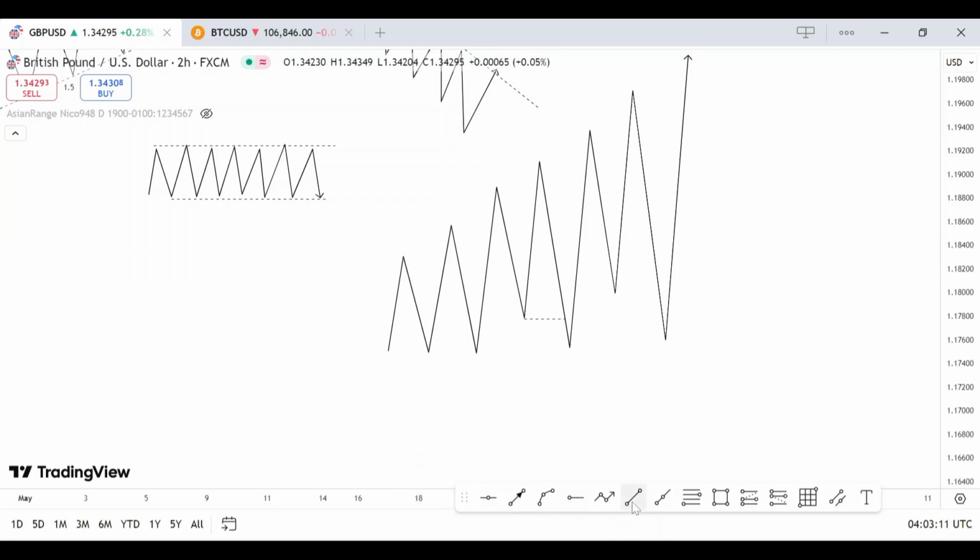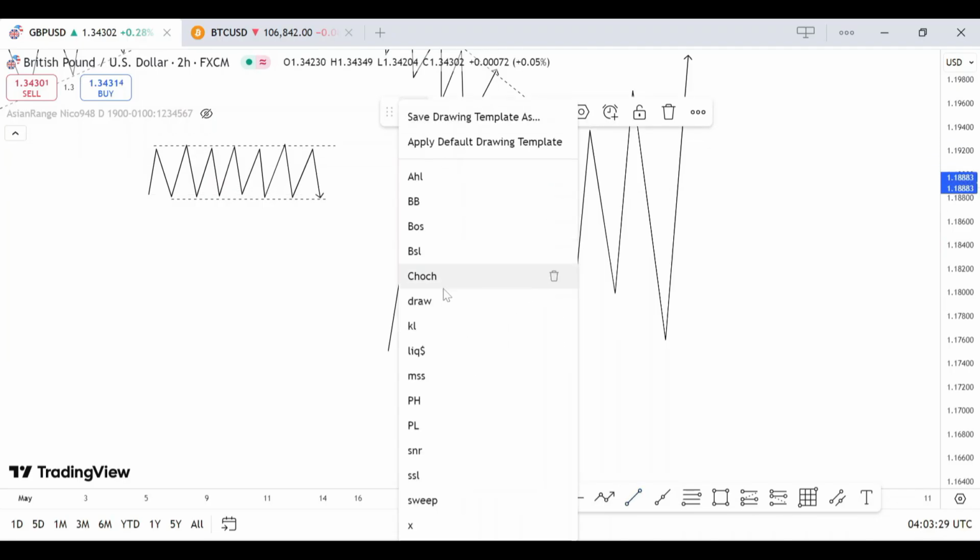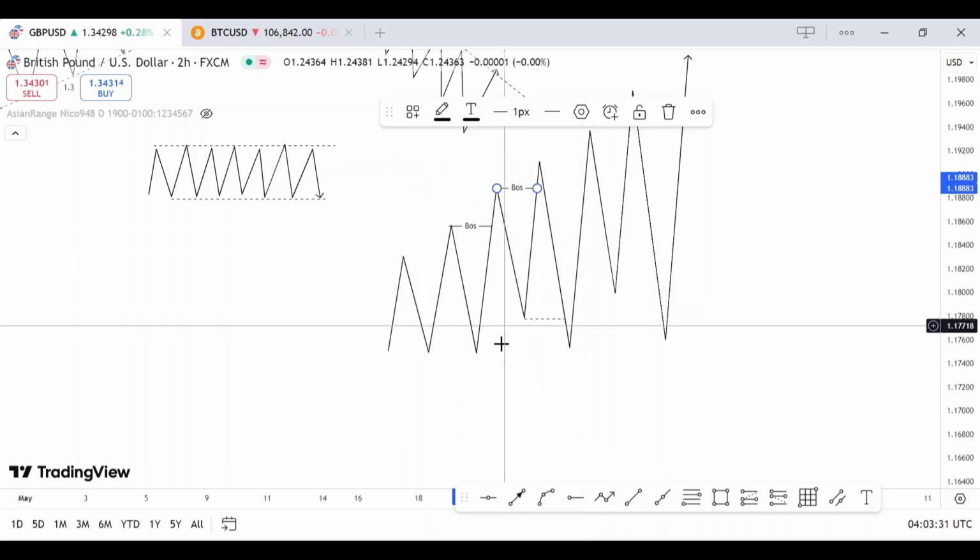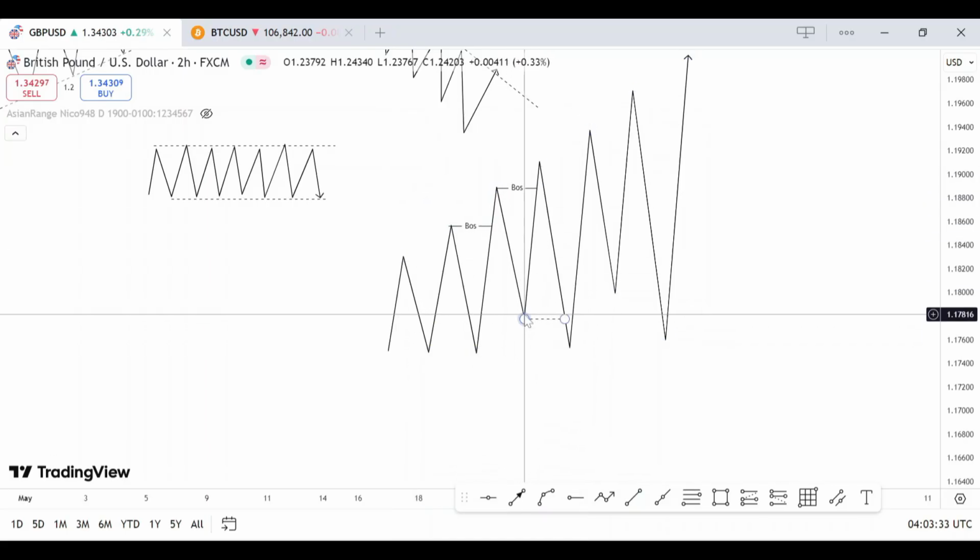So what do you do when you identify a break of structure and you see that price is in an uptrend? You identify a break of structure to the upside. Let's mark this out as a break of structure. And you see this present low here.